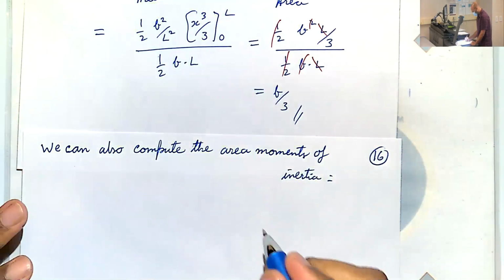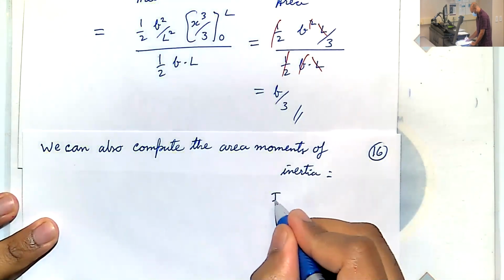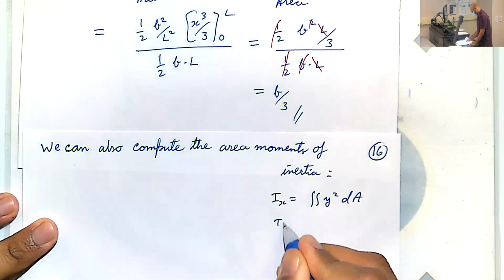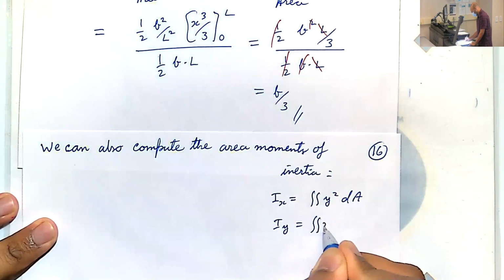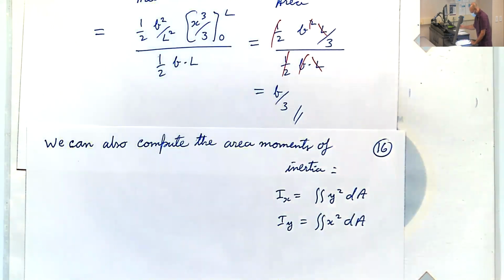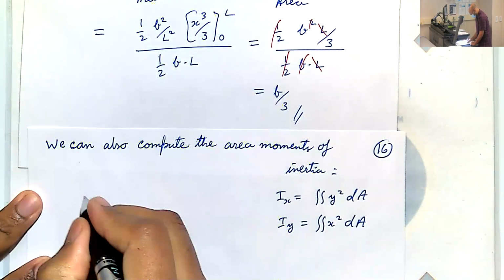Remember, we used the formula once. Ix is y squared dA. Iy is x squared dA. We basically do the same for this example.